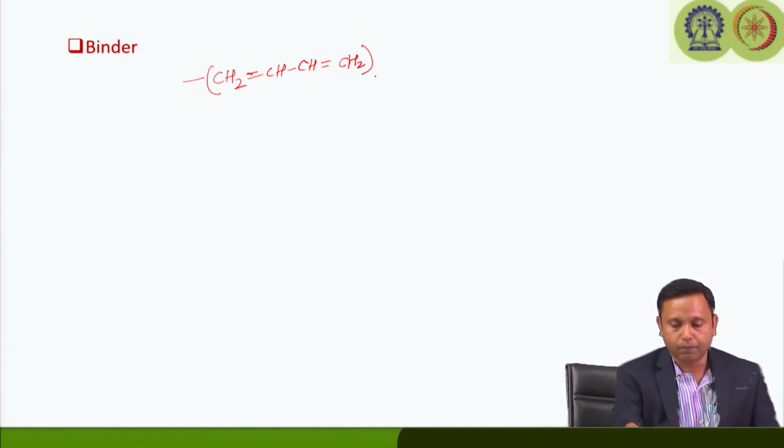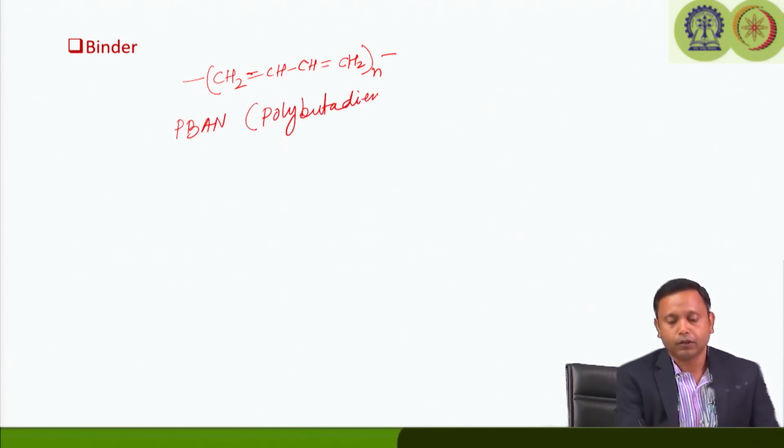So, it can have polybutadiene, many butadienes in a group. If the polybutadiene chain is attached with a polyacrylonitrile group and an acrylic acid group, it forms PBAN, which is called polybutadiene acrylic acid acrylonitrile.